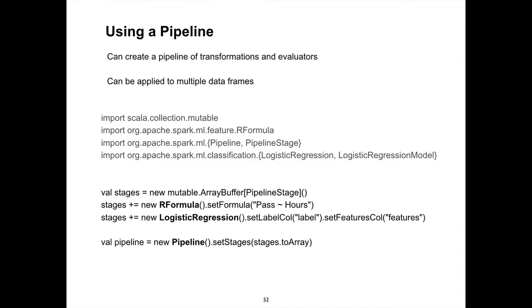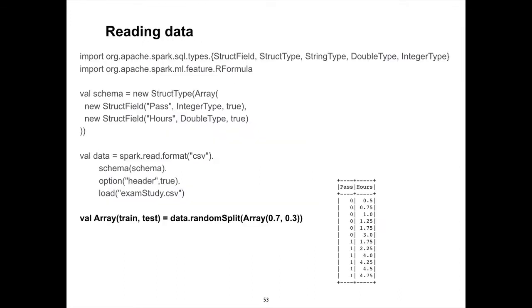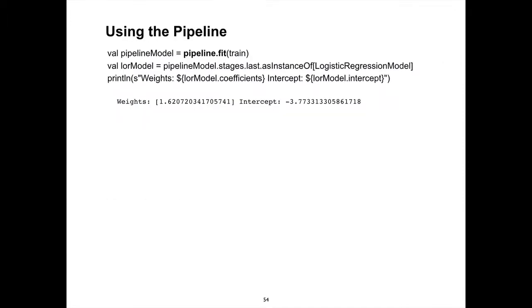And then when I want to actually train the model and use it, I read the data, I split it into my training set and test set as normal, and then I can use the pipeline to fit the data and get back a pipeline model, and then we can get the actual logistic model out of it, and then continue from there.